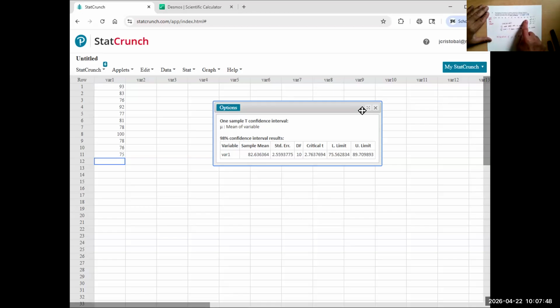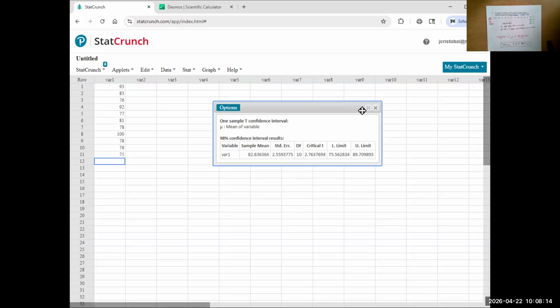Now that we have raw data, kind of like when we're calculating the sample mean, sample standard deviation from that raw data, we'll keep one more decimal place. Those raw data are all whole numbers, so I keep one extra. So I get between 75.6 minutes for that film, less than mu, less than 89.7 minutes.